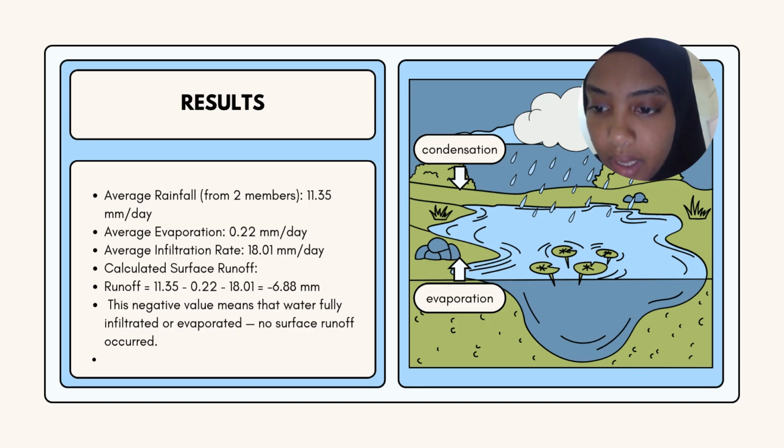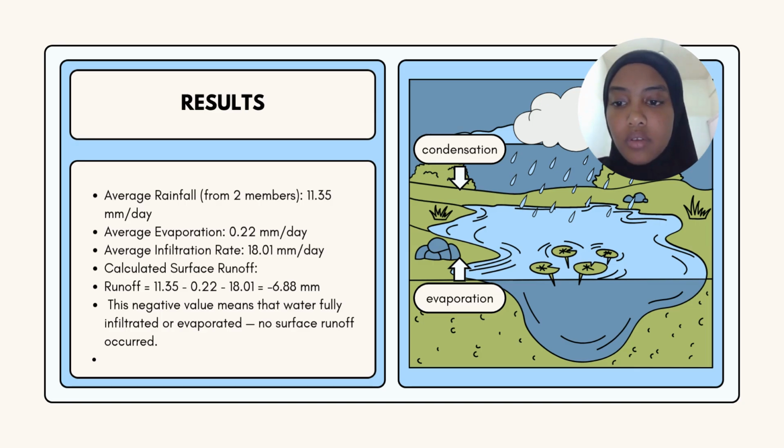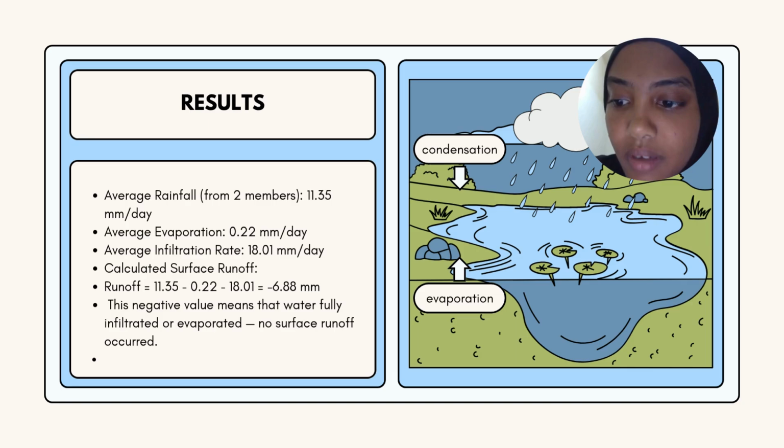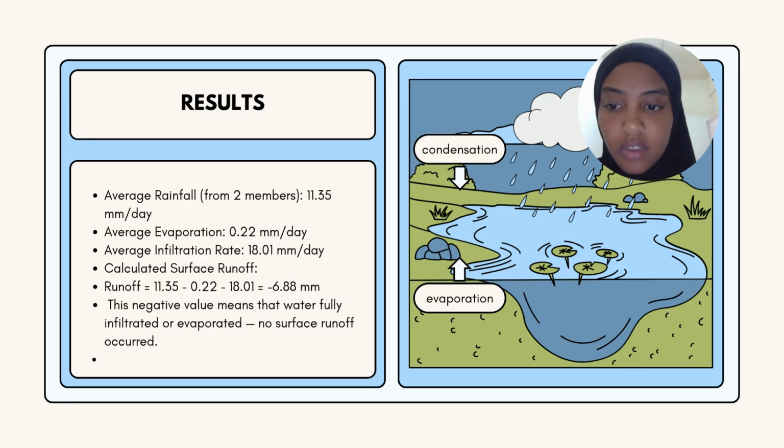When we apply our values, runoff equals 11.35 minus 0.22 minus 18.01. This is equal to minus 6.88 millimeter. This negative result means that all the rainwater was either absorbed into the ground or evaporated. No surface runoff occurred.